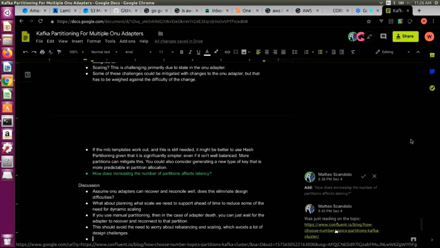So each ONU adapter can listen to partitions. So Kafka also handles the partition assignment. You can configure 100 partitions, and you can have 20 ONU adapters dealing with all of those partitions. So Kafka also handles the partition assignment.